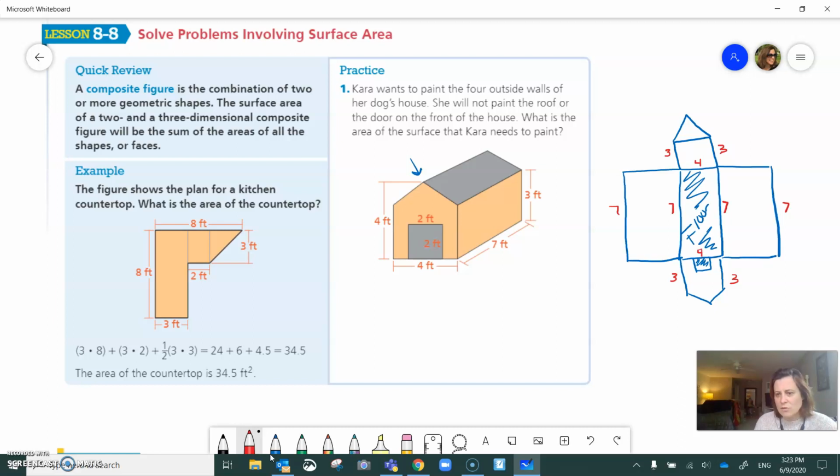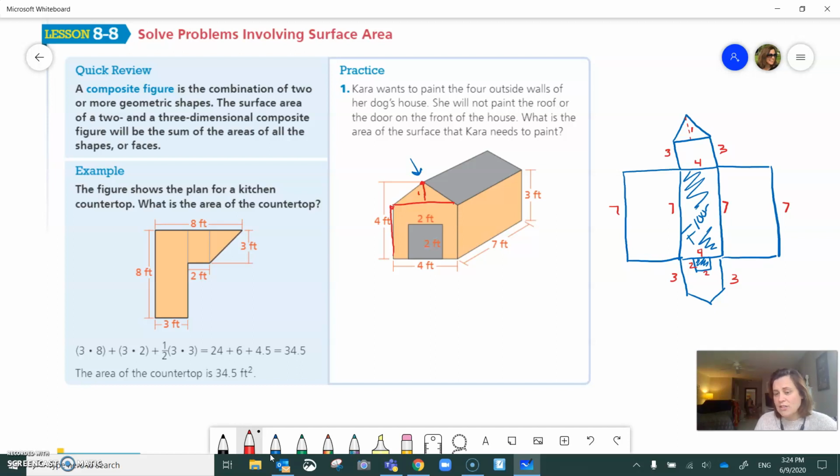The dimension of the door is 2 by 2. And this portion from here to here is going to be 1 foot, I think. Let's check. Because if it's 4 feet to the peak and only 3 feet to here, that would make this 1 foot. Okay, yeah, I feel good about that.